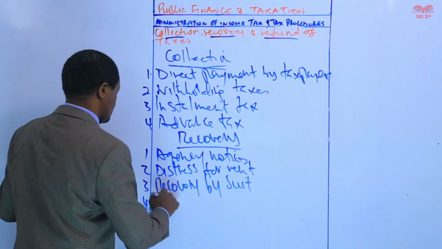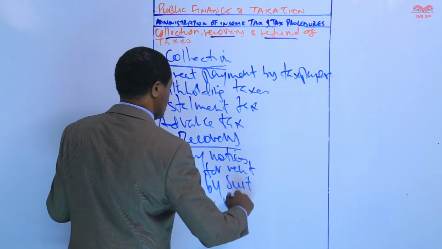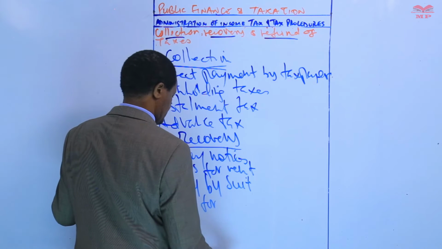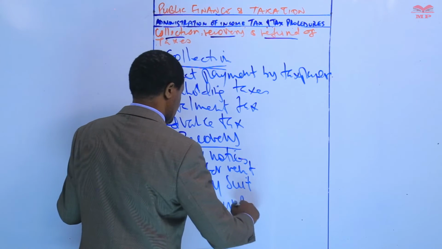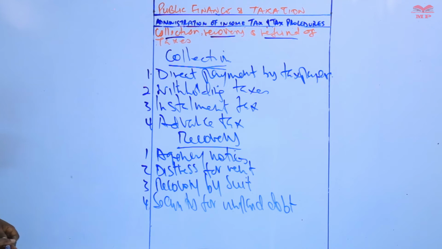Number 4, security for unpaid debt. What does that mean? Security for unpaid tax.